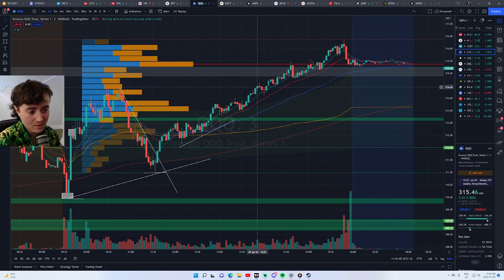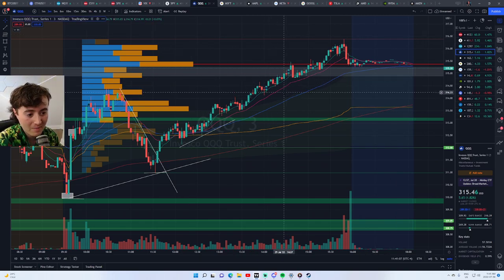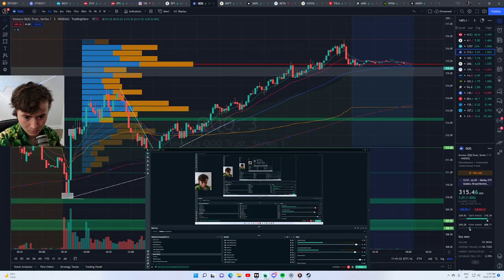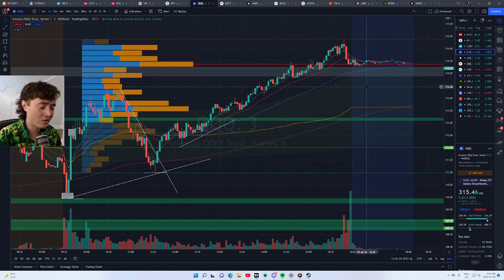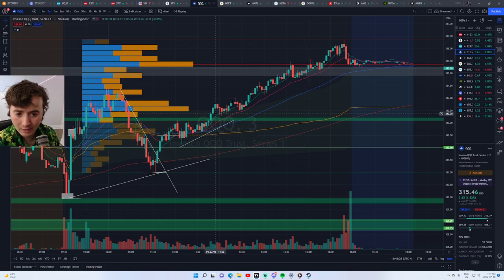As you can see on my chart, I have the 9 EMA as green, the 20 EMA is the pink here, the 50 EMA is blue, and the 200 EMA is the red. Is everybody following along so far? Okay, good, excellent. All right, now let's break it down.